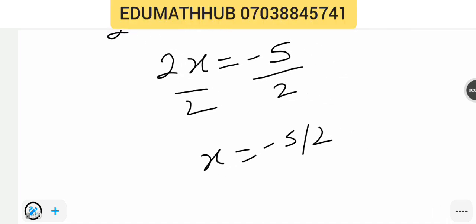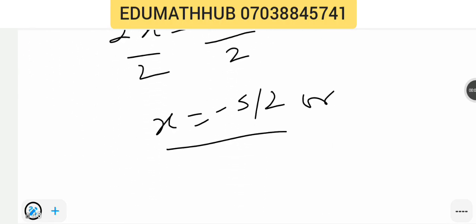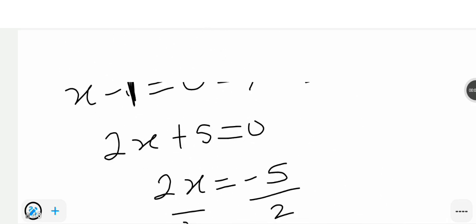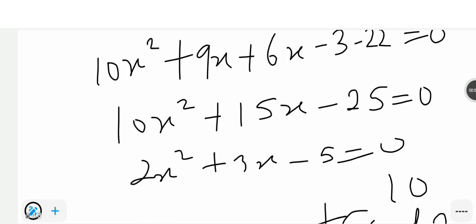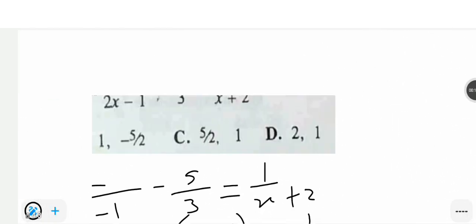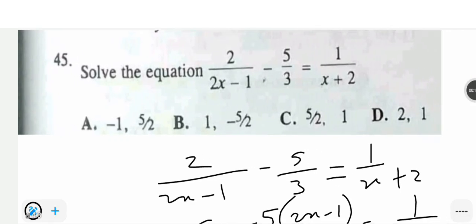So the answers are x equals minus 5 over 2, or x equals 1. So I need to look for minus 5 over 2 and 1 in the options. So these are the options here. Minus 5 over 2 and 1. So the answer is option B.